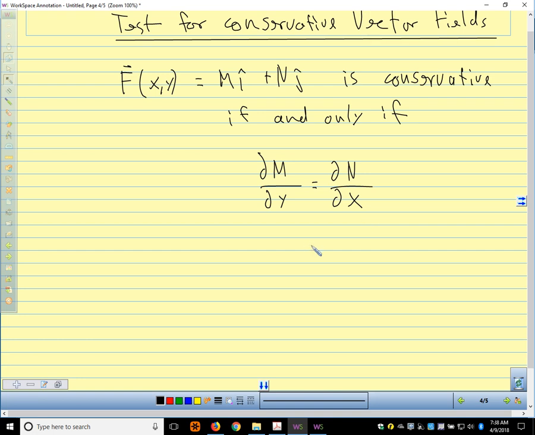These are the mixed partials. So the mixed partials are equal. So if this vector field is the gradient of a potential function, then these are the mixed partials. If it's not the gradient of a potential function, then these are not necessarily the mixed partials.